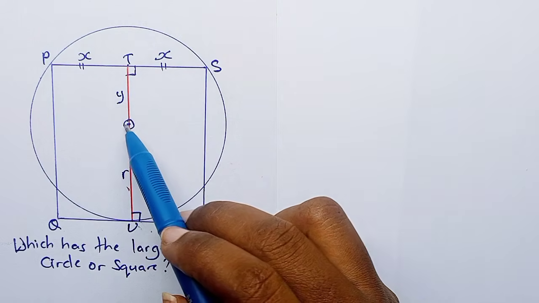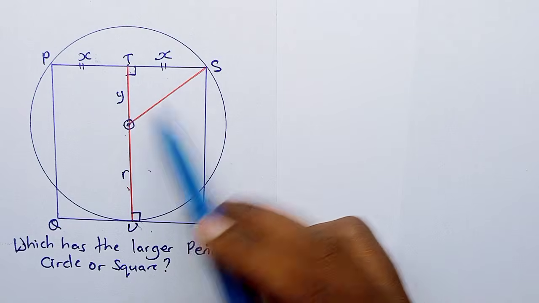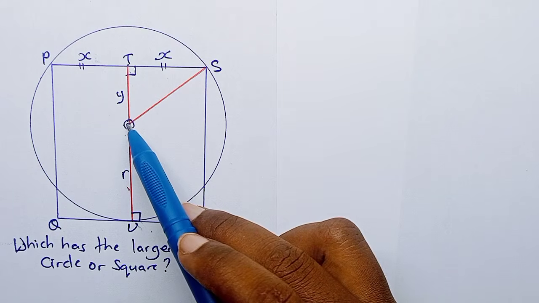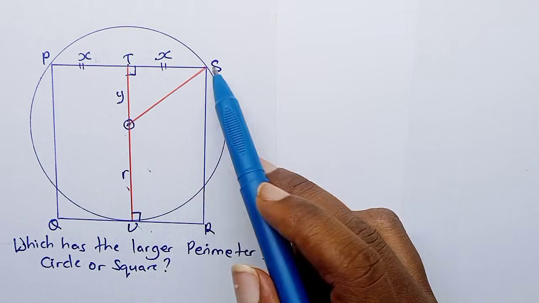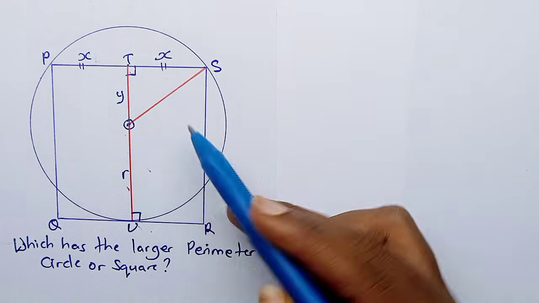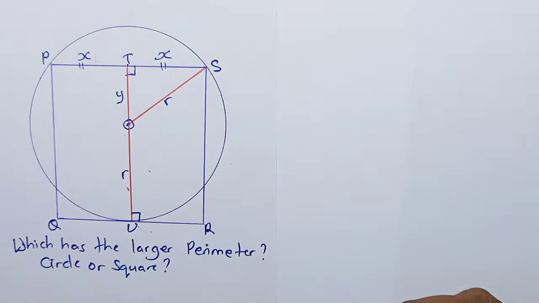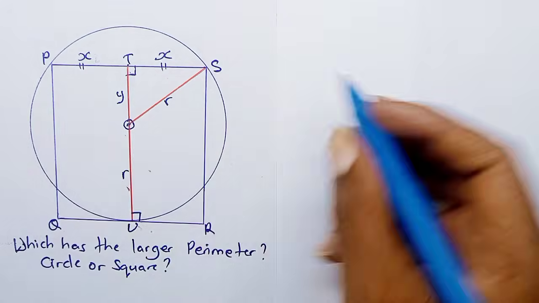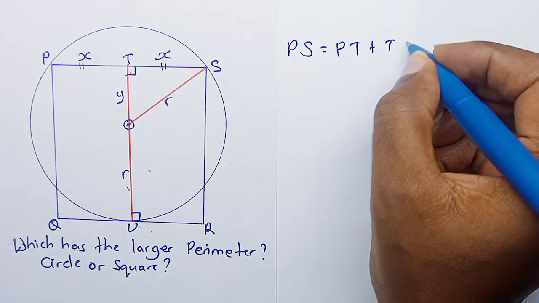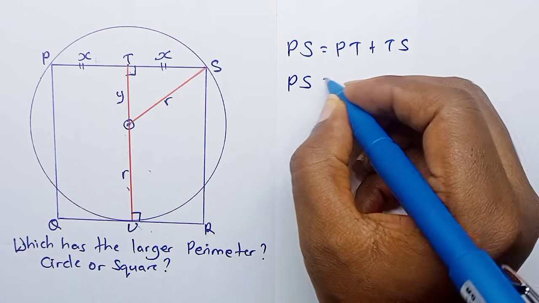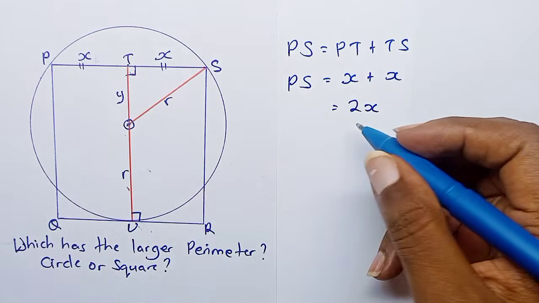Next, let's connect center O to point S, just like this. Now we can notice that this line is running from the center to the circumference of the circle, implying that line OS is also the radius of this circle. And we said the radius is R, so OS is also R. So now PS is equal to PT plus TS, which is X plus X, which is 2X.